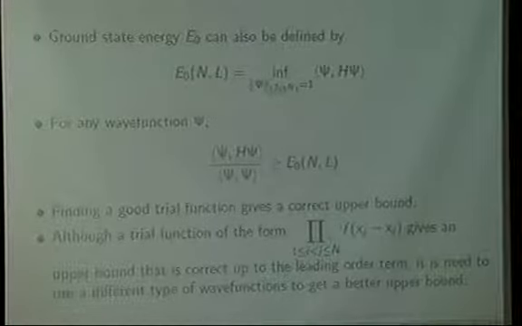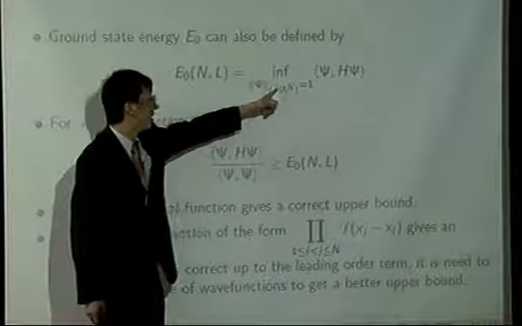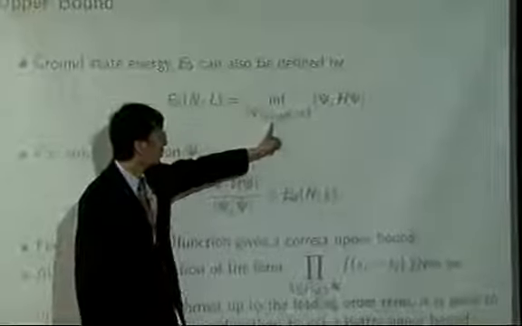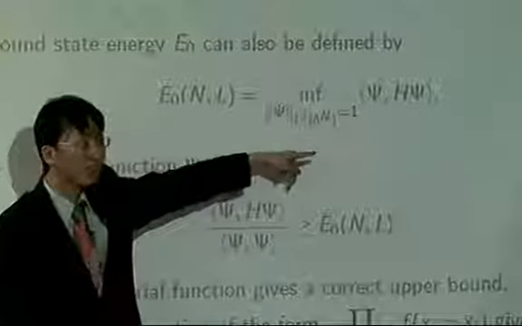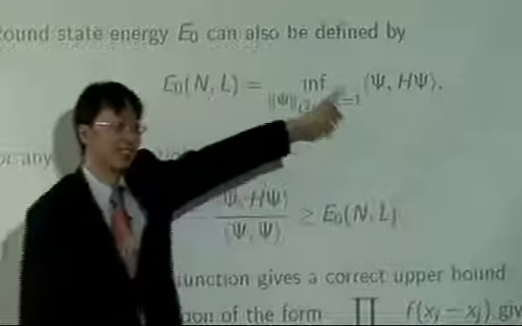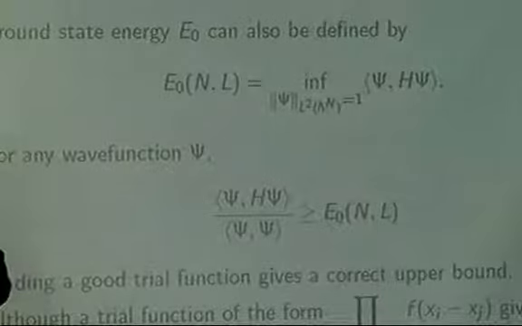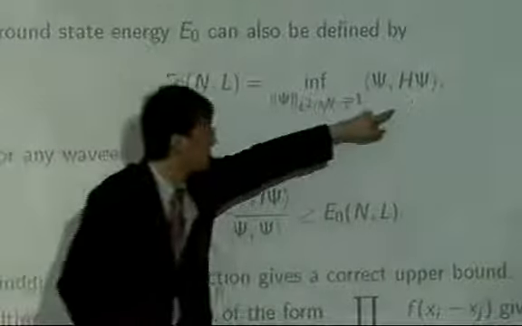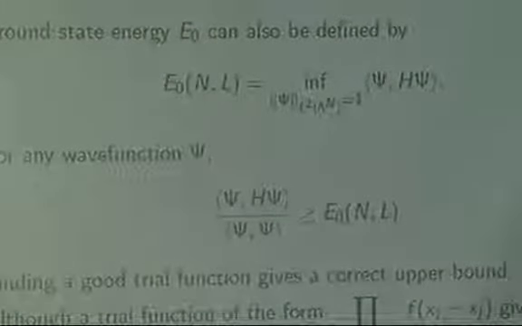The upper bound is very easy because, for any normalized wave function psi, if it's normalized properly so that this L2 norm is 1, then this inner product of psi with h psi must be bigger than the lowest eigenvalue. And the infimum, or the minimum, of these inner products is the lowest eigenvalue.